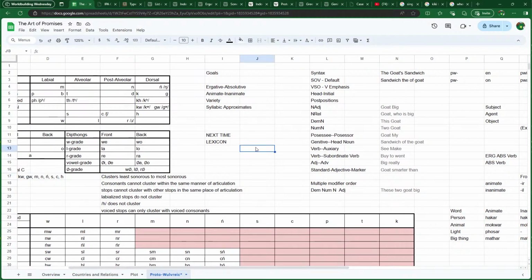So we will have noun-like adjectives, or mostly noun-like adjectives, because we do have some adjectives that are derived from verbs. Then we will have mostly verb-like postpositions.